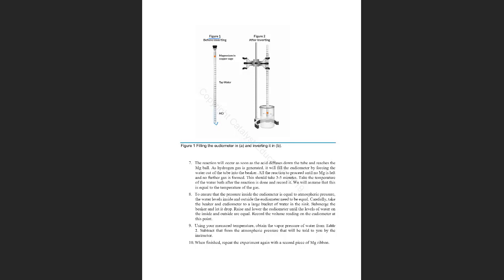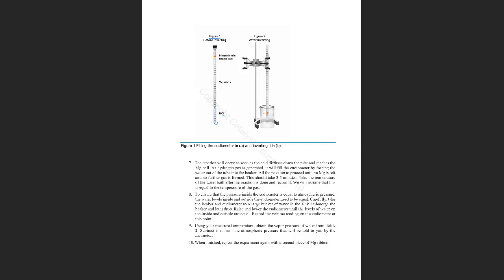And how are we going to perform this experiment? First, we will add 10 mL of 6 molar hydrochloric acid. Look here at the bottom, hydrochloric acid. And then we will fill it up with water.